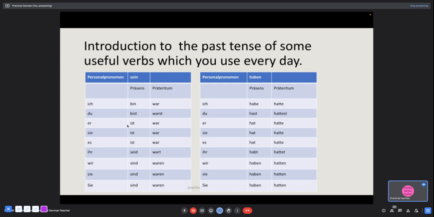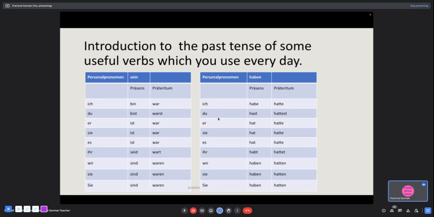Sein is ich bin, du bist, er ist; in Präteritum you will have to learn ich war, du warst. So the sentence structure remains the same, just instead of the present conjugations, you use the Präteritum conjugations. In real life, normally we don't use Präteritum, but for some common verbs, for example haben, sein, denken, glauben, you will have to use Präteritum.